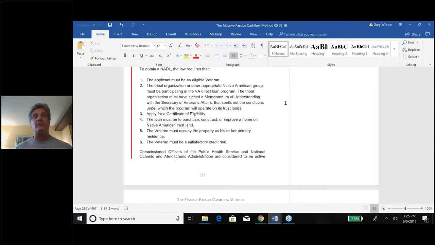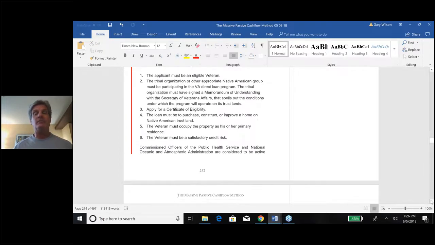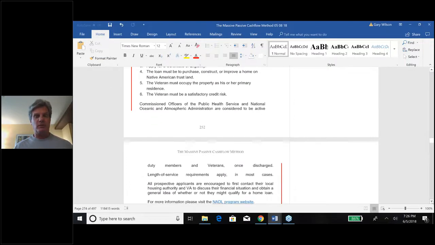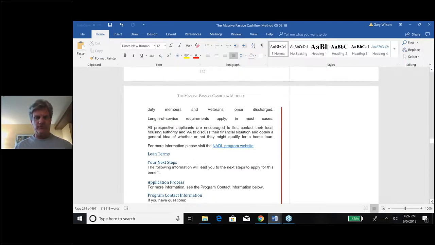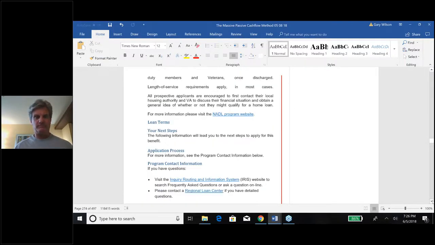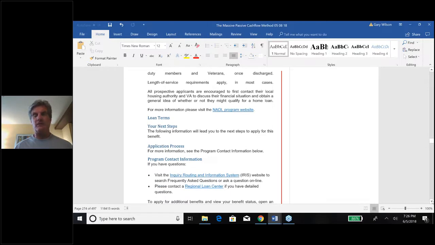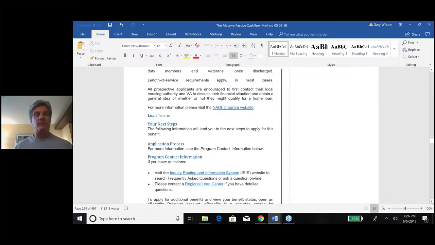You apply for a certificate of eligibility. The loan must be to purchase, construct, or improve a home on Native American land. And you must occupy the property as your primary residence. And you've got to have some halfway decent credit. Great program though, and if you're a veteran, you must have at least an honorable discharge from the service.